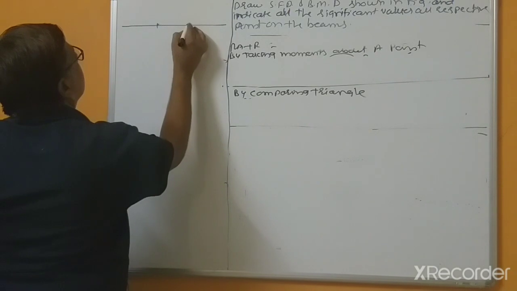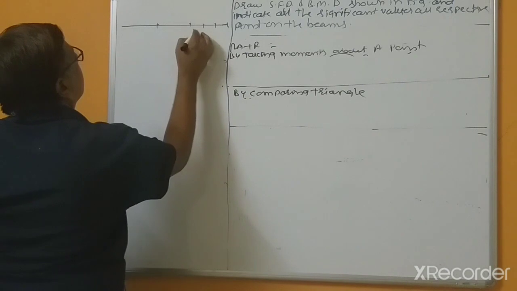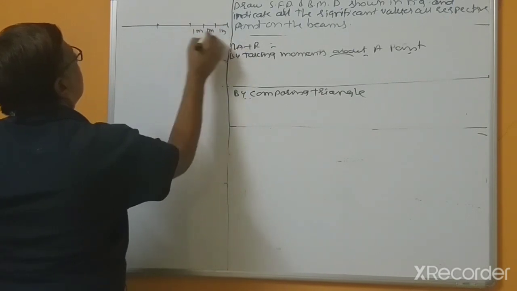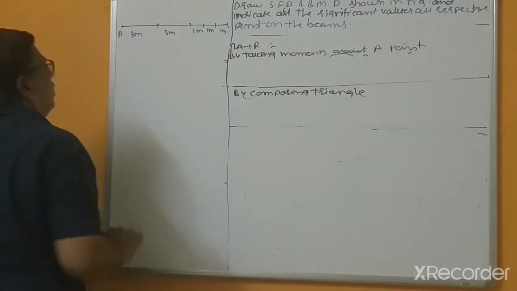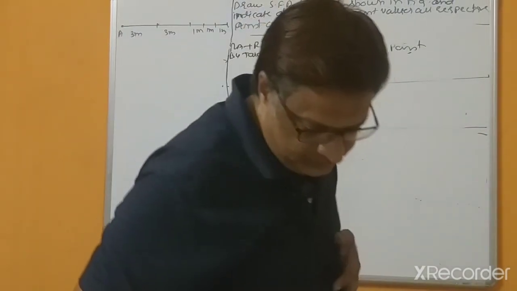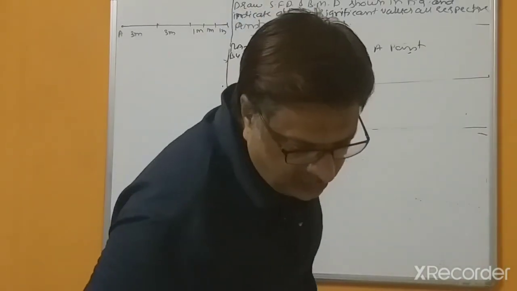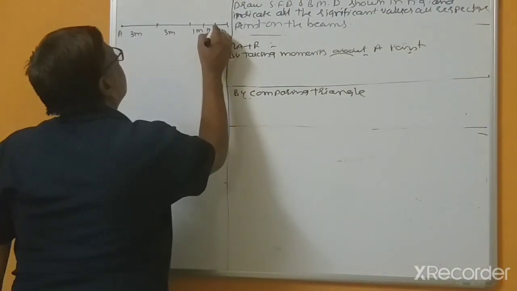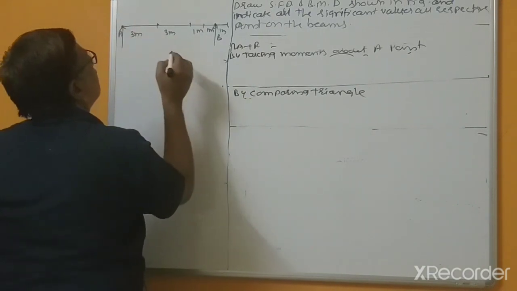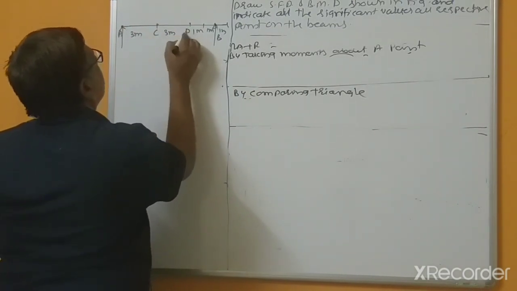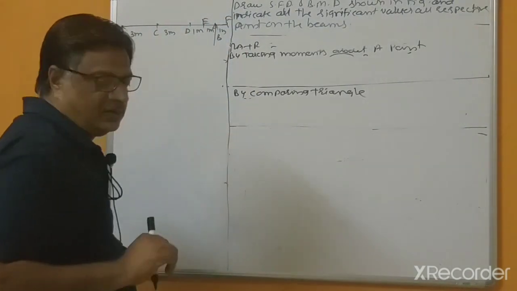A point, B point at support. This is B point, A point. This is C, D, E, and this is F.